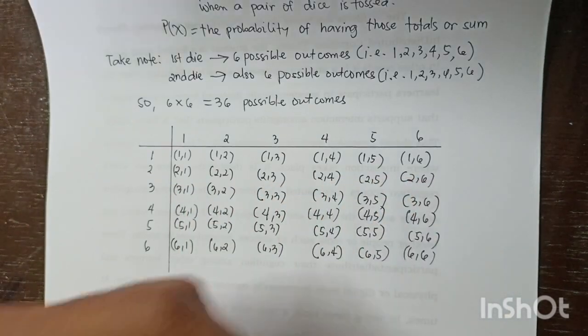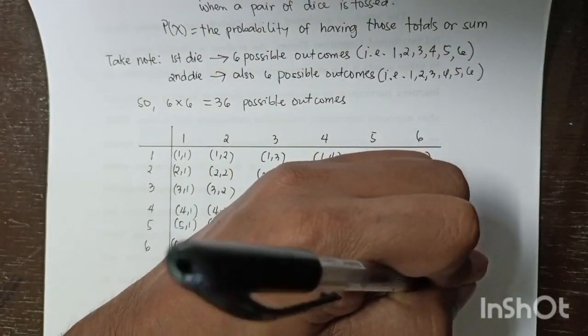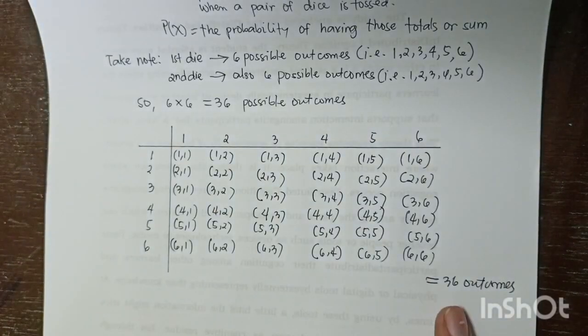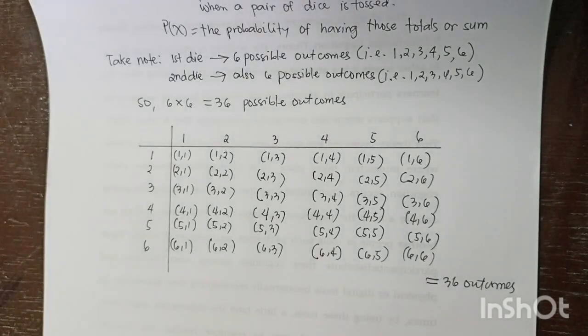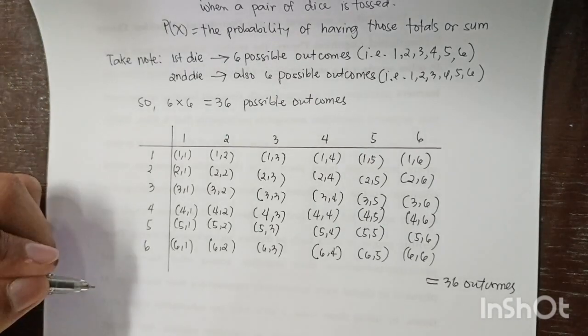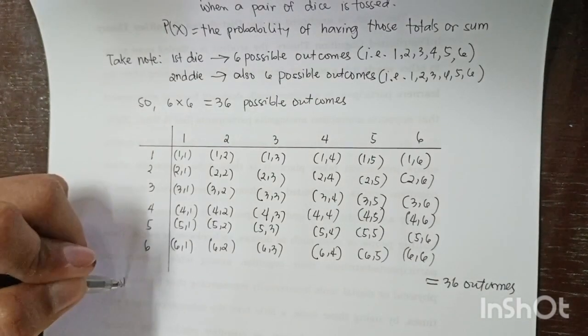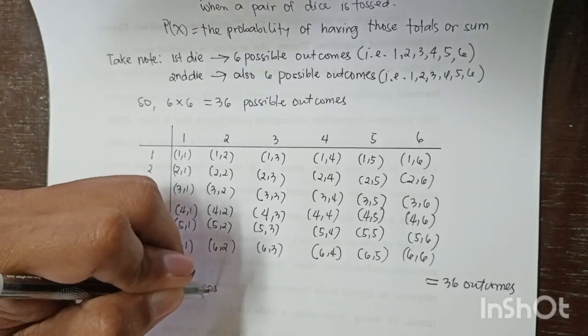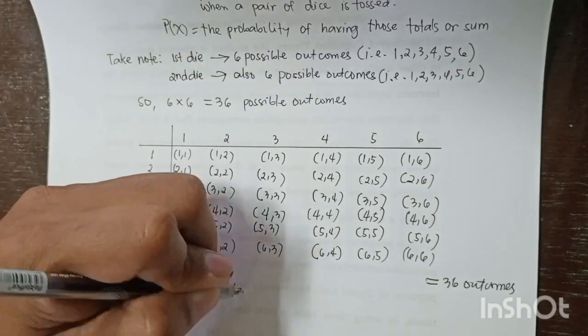As we count these possible outcomes, that is equal to 36 outcomes. So this is the composition of our sample space. There are 36 possible outcomes when we toss a pair of dice.